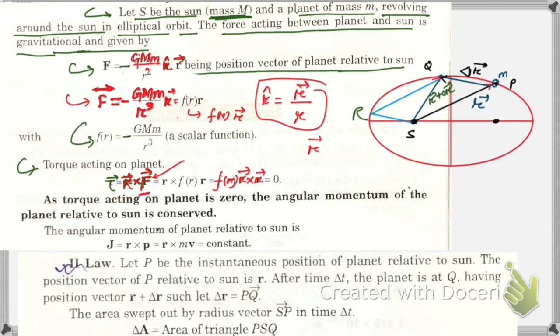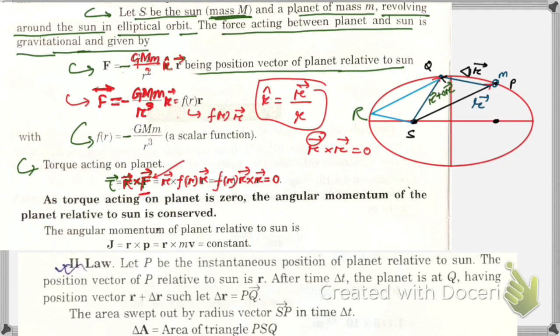So r vector cross r vector will be equal to 0. That's why the torque acting on it is equal to 0. In books, instead of writing the vector symbol, they write the letter in bold. Where you have bold letters, you must know that it is a vector quantity, right?